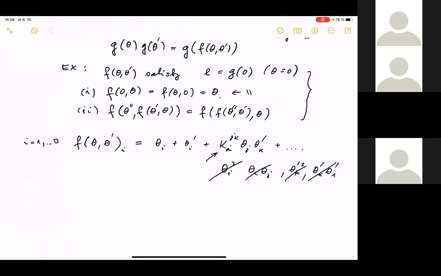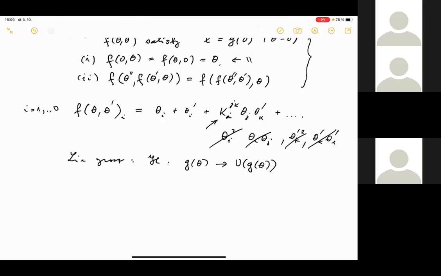Now suppose that our Lie group is represented on our Hilbert space. That means that we have an assignment to each element g, which depends on theta, of some unitary operator U(g(theta)).